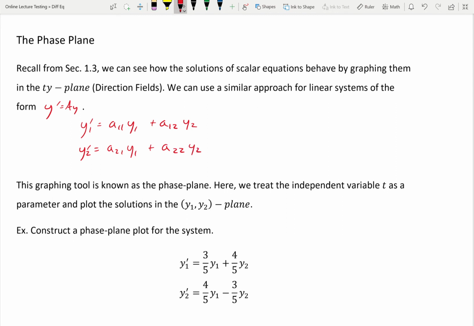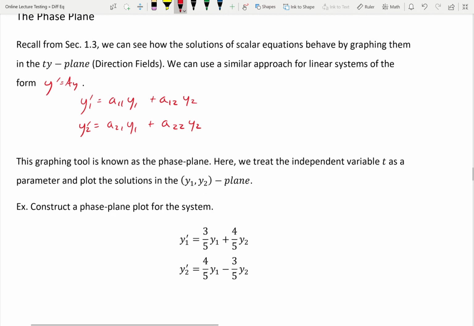The reason that we're using these subscripts is that they come from the A matrix, where A has the following components: a11, a12, a21, and a22. So that's where those are coming from. All right, so again, constant matrix and all that fun stuff.